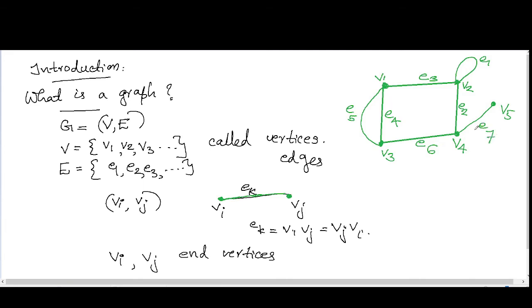So this is an example of a graph. Now here we can see that there are 5 vertices. What are they? V1, V2, V3, V4 and V5. And also 7 edges. The 7 edges are E1, E2, E3, E4, E5, E6 and E7.